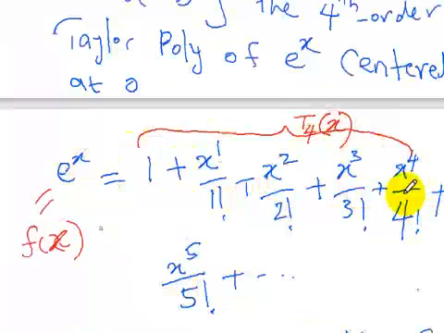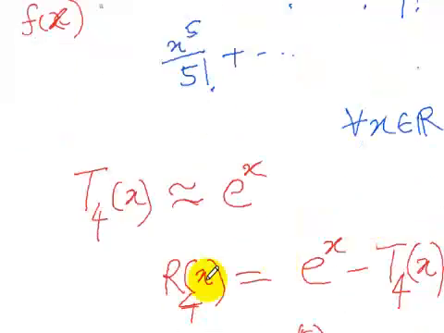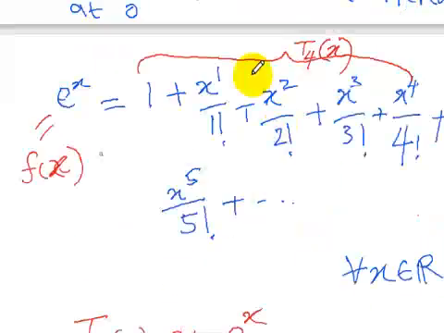When you approximate this function using this, you know that there is an error. So this is your right hand side, this is T sub 4, the fourth order polynomial.